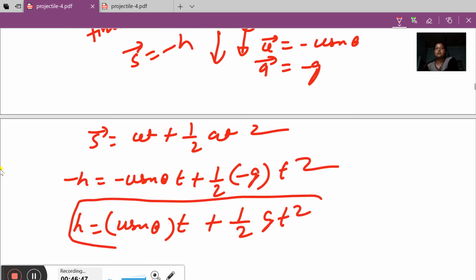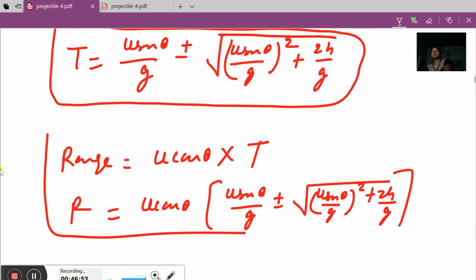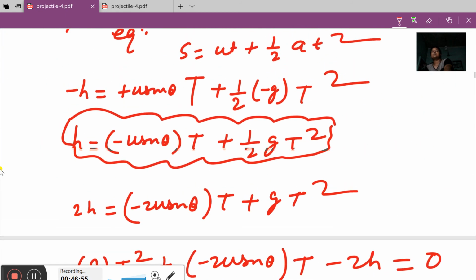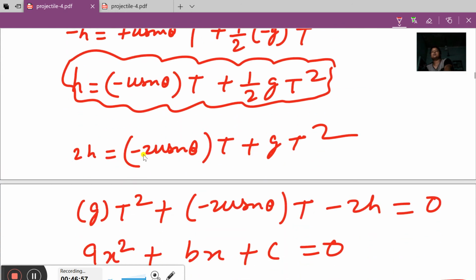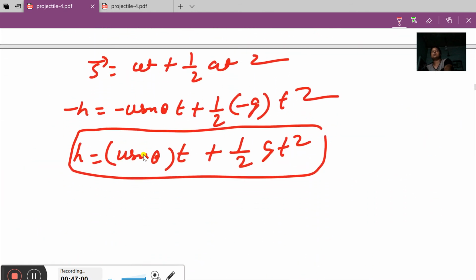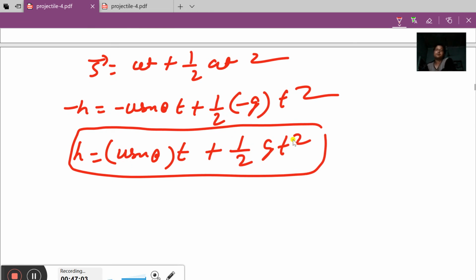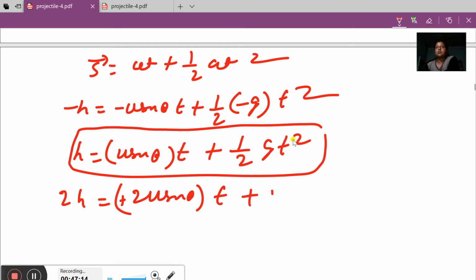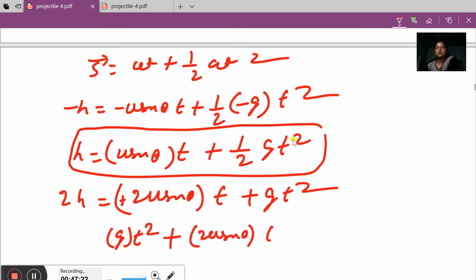What is the difference from the second case? This sign is negative and here this sign is positive. Only difference. So taking LCM, 2h equals 2u sin theta into t plus g t square. So g t square plus 2u sin theta into t minus 2h equals 0.